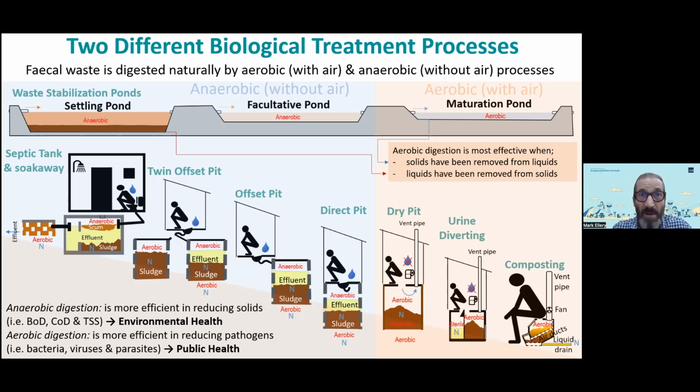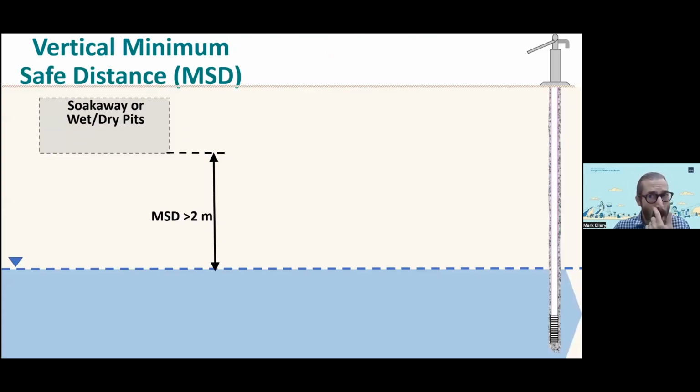However, if the liquid is clear, it's quite easy for the aerobic processes to enter the liquid to neutralize the pathogens. And this becomes quite important when we look at our setback distances and what's happening in the soil.